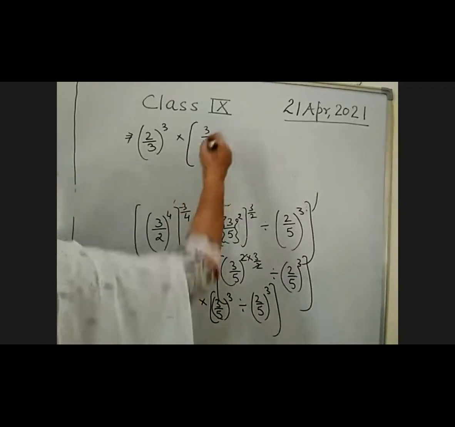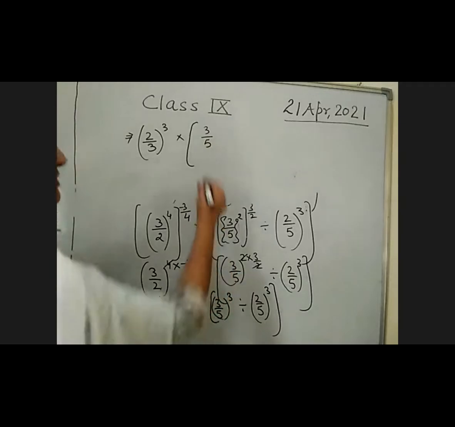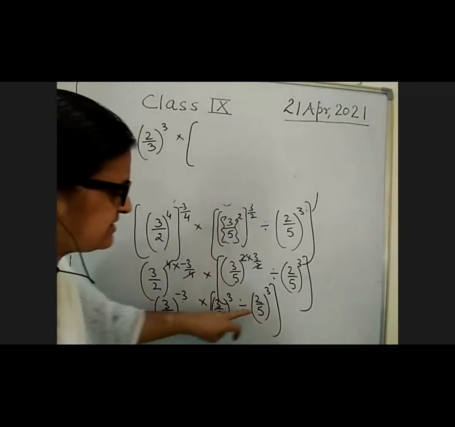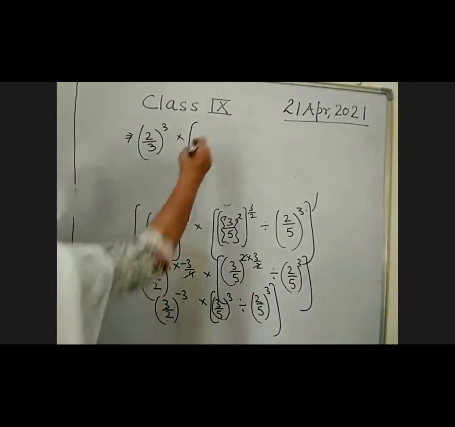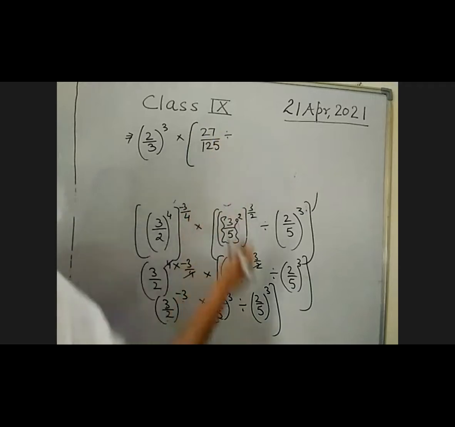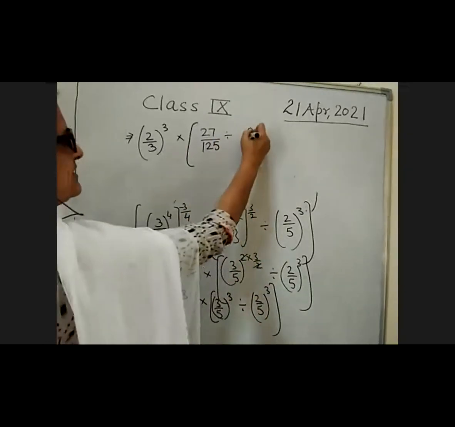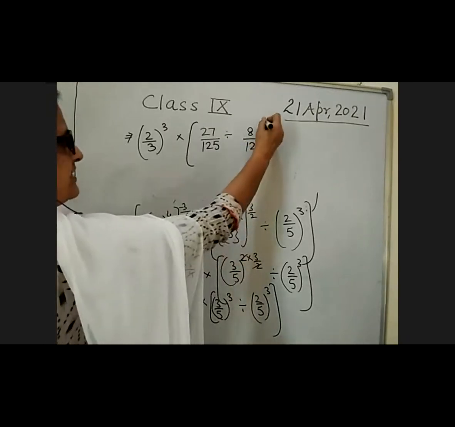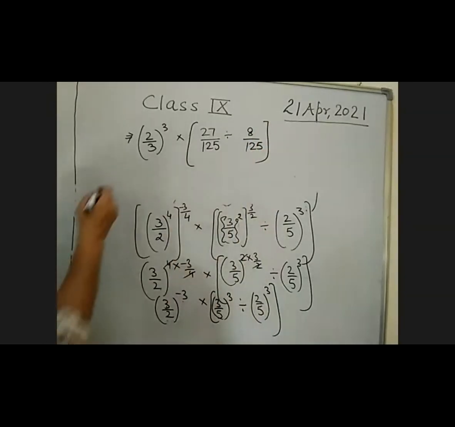So you can write like this, 3 into 3 into 3, which is equivalent to 27, because the bases are not equal here. So 27 upon 125 divided by 2 raised to the power 3, which is equal to 8, and 5 raised to the power 3, which is equal to 125.